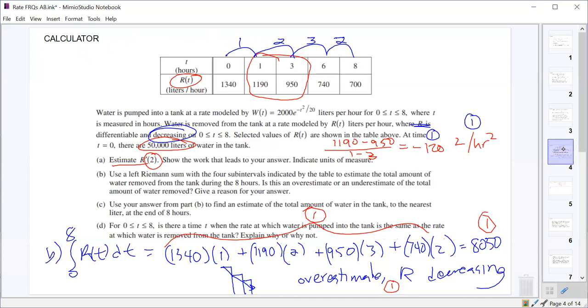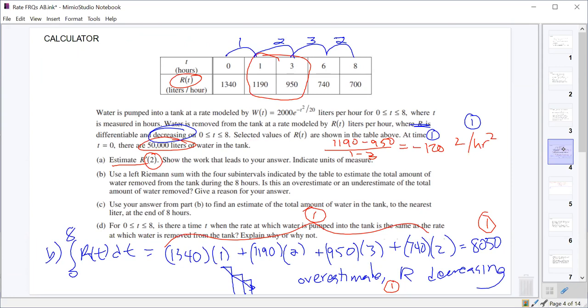Part D. We want to know if there is a time at which the rate at which the water is being pumped into the tank is the same as the rate at which the water is being removed from the tank. Well, what we need to use for this is the intermediate value theorem.